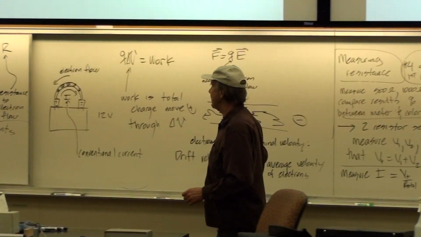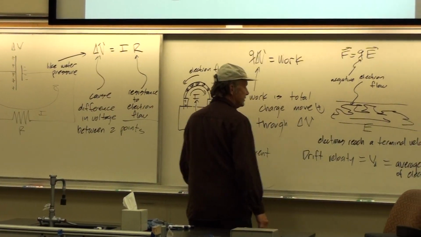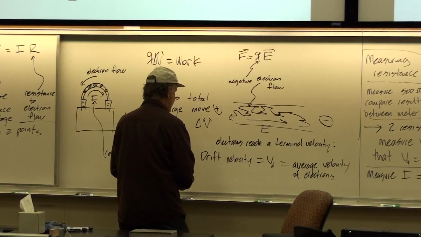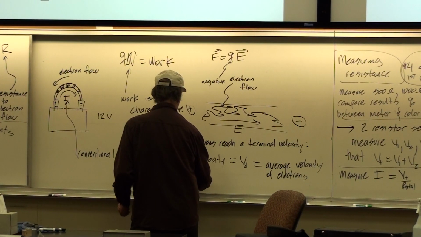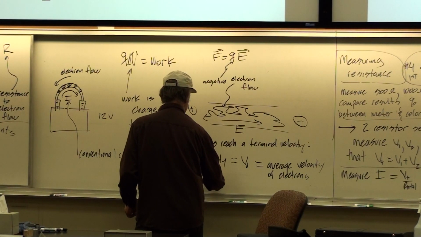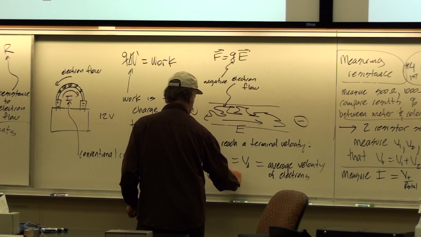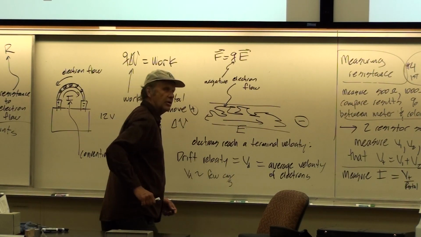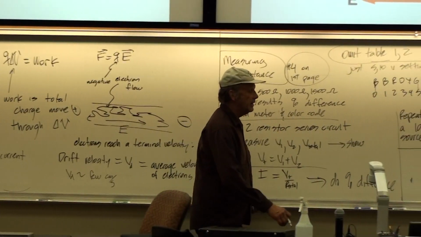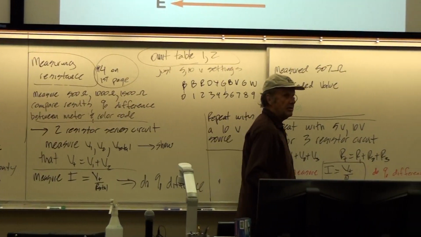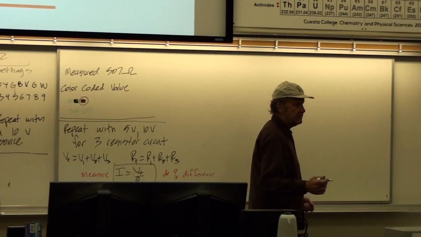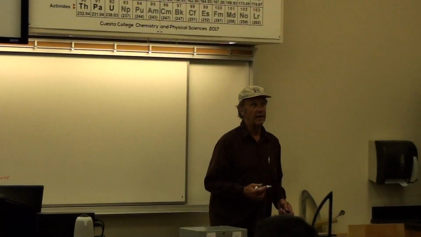And so this is analogous to that, but for the case of electrons, the drift velocity in a wire with a typical current might be on the order of a few centimeters per second. Which means that as a current is flowing through this wire, we could essentially walk alongside the average velocity of the electrons as they move through the wire.